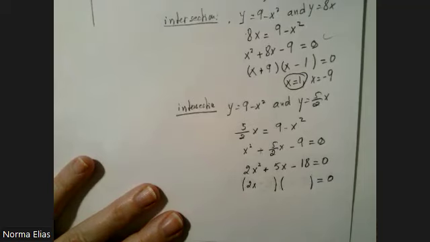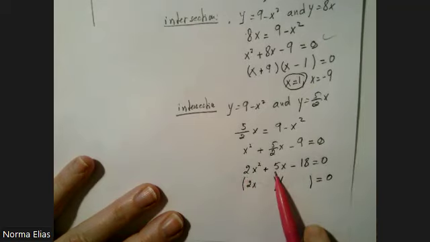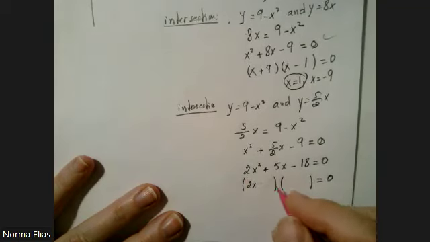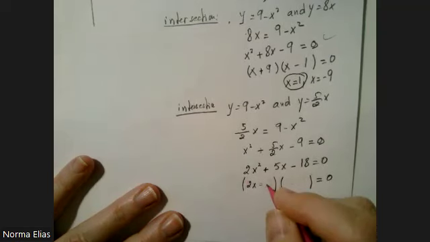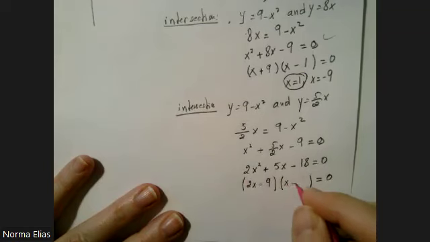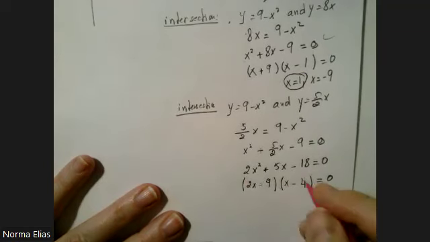It's 2x minus 2 and, okay, so 2x minus 9 and x minus 4, x minus 2.